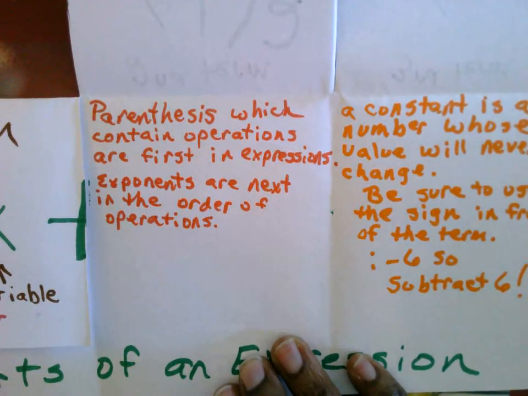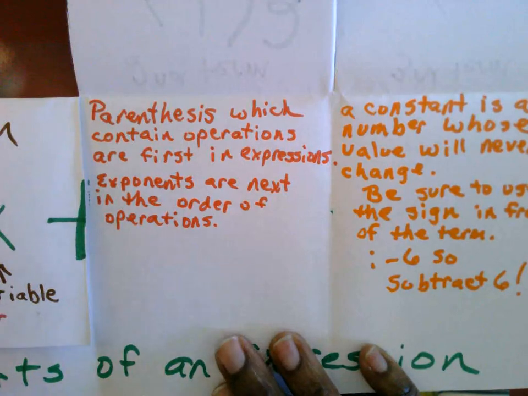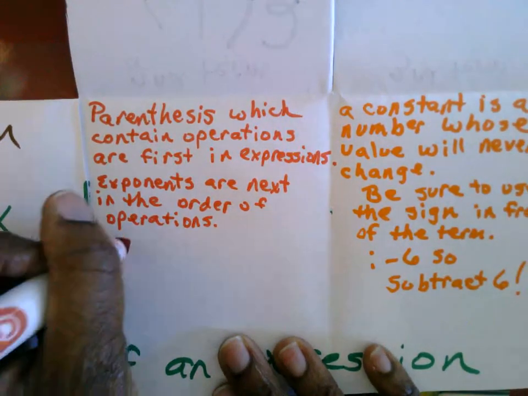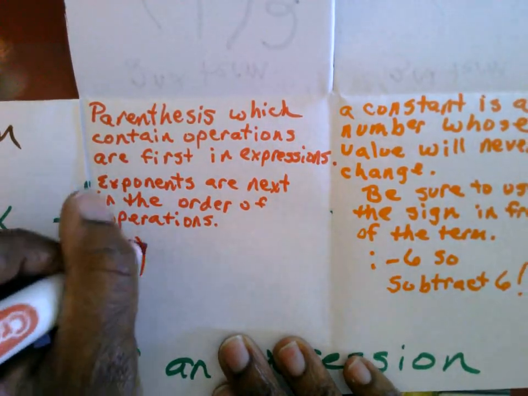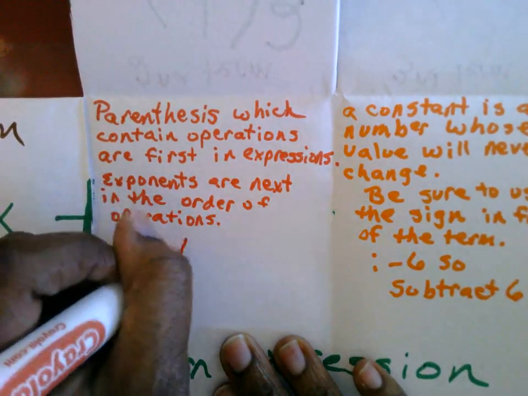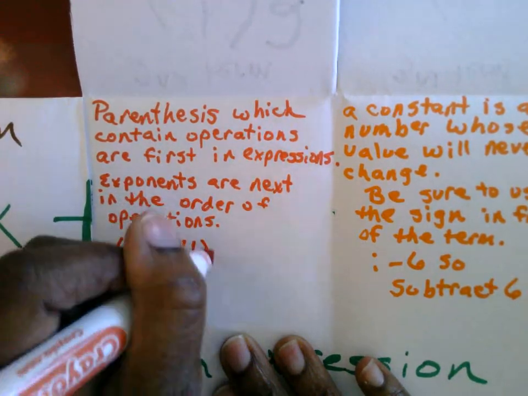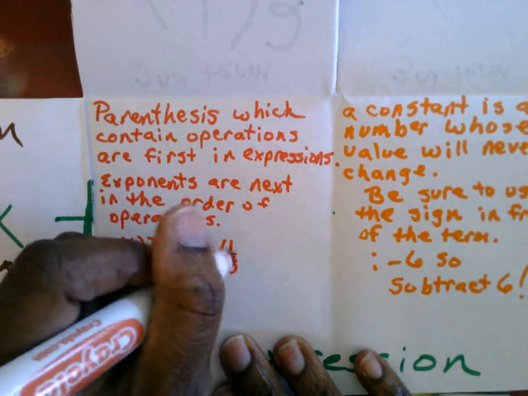So if we are looking at the exponents that occur in this expression, we have (1/3) squared, which means 1/3 times 1/3.